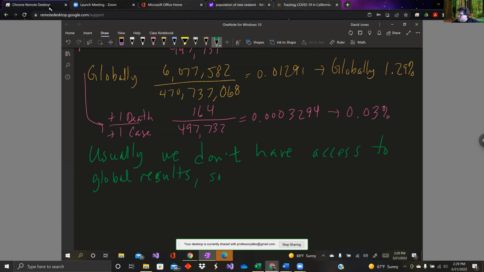So knowing the true proportion of a scenario isn't easy to find.